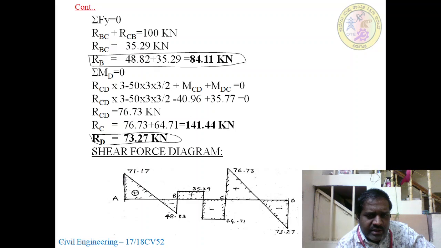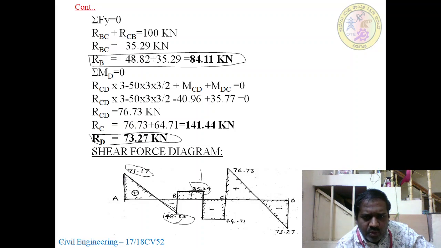Take a line. If it is a UDL, take the line here. The total load minus 71.17, so you will get 48.83. RB minus 48.83, you will get 35.29. If it is a point load, take the straight line and come down.